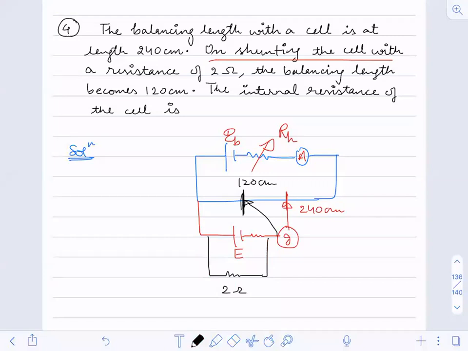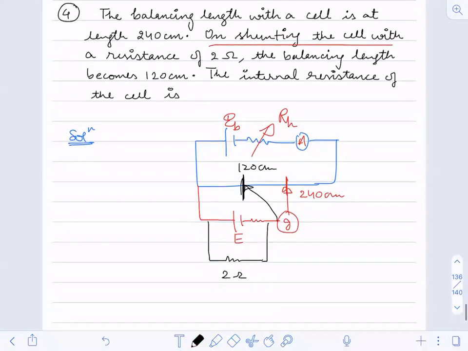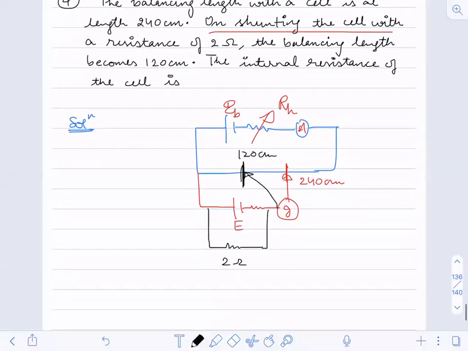So what I can say now is that r will be equal to R (L1 minus L2) divided by L2.